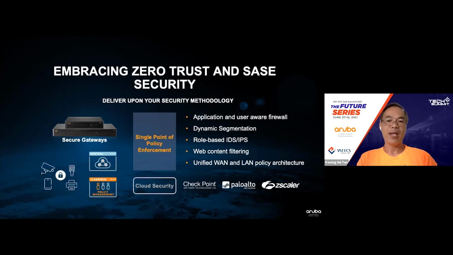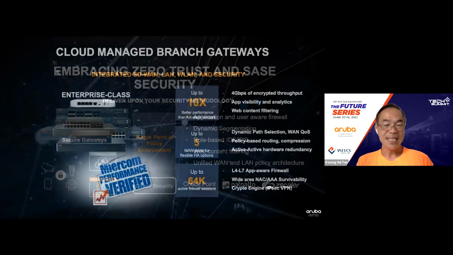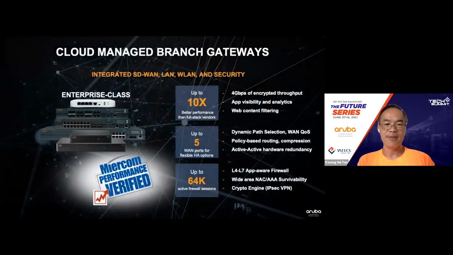This means that we can control who sees what application based on the device they use. We provide a single point of policy enforcement in the branch, and because we are based on open standards, we can support third-party integration with more than 140 security ecosystem partners, such as Checkpoint, Palo Alto, Zscaler, to name a few.